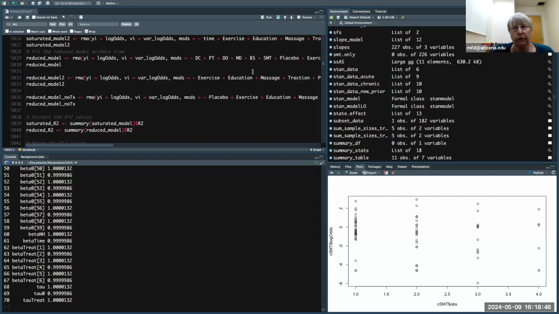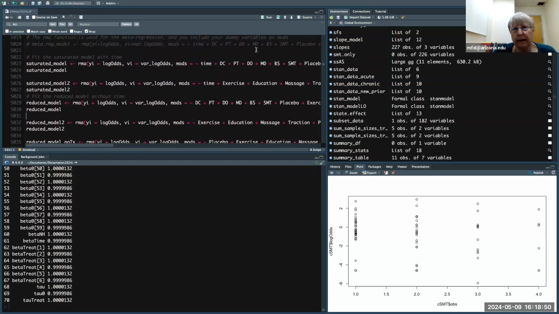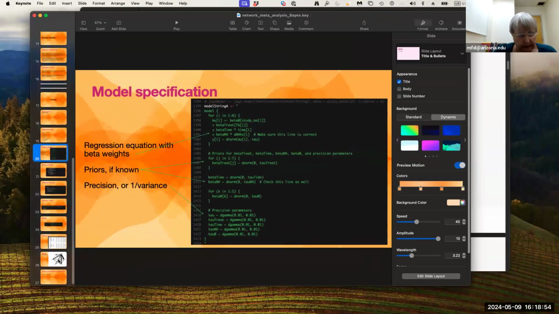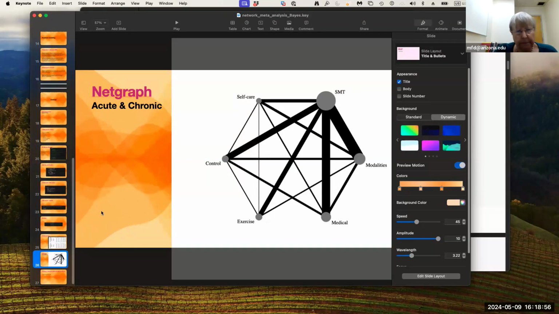If you go way back to the diagram with thick lines and thin lines, way before R. Yes. Okay, I was trying to explain to somebody how you could compare, for instance, exercise and medical when no one has run a study to do that.